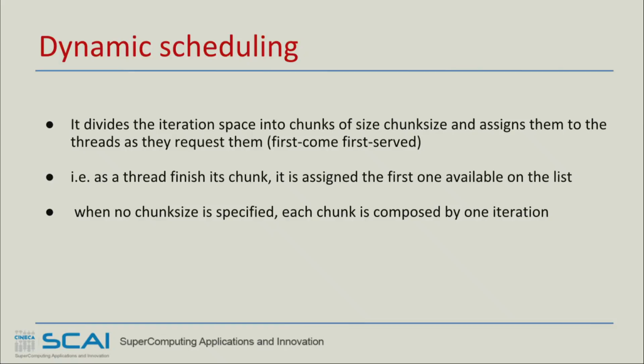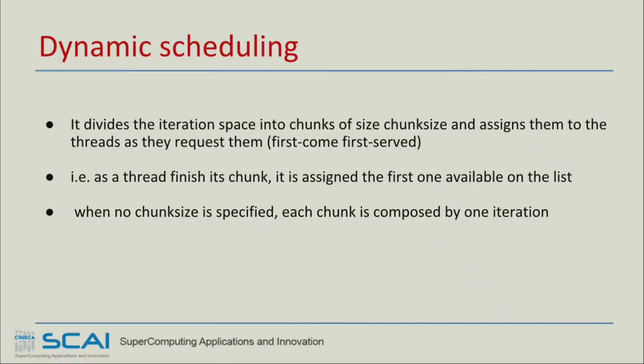I assign the chunks to the players, to the threads here. When one of them has finished the work, I can give them another chunk. In a way that if the chunks have not the same computational weight, I can immediately provide another one.